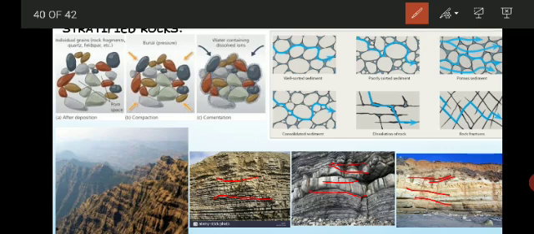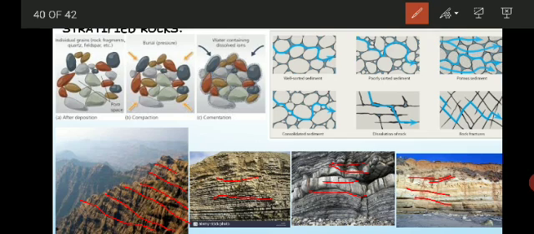Stratified rocks are the layered rocks. Usually sedimentary rocks are layered rocks, but the one and only igneous rock that shows layering is basalt. Here in the first image you can see a rock from Mahabaleshwar showing layers, but these are not sedimentary layers, they are lava flows.